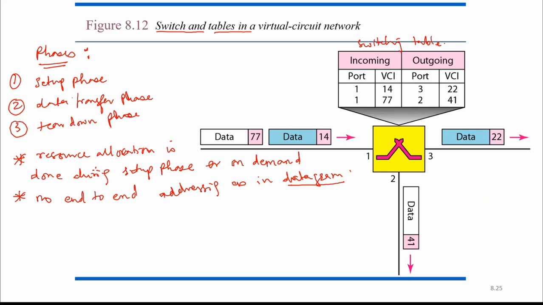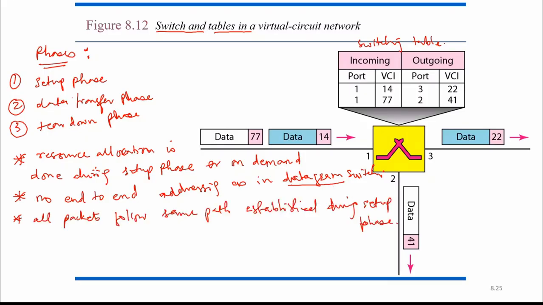Also, all packets follow the same path that is established during the setup phase, while establishing the connection. Whatever path is followed, the same will be followed by the packets. So that is a combination of both circuit and datagram switching, and it is implemented in the data link layer, as we have already seen.